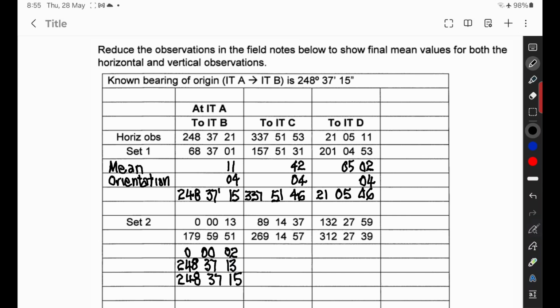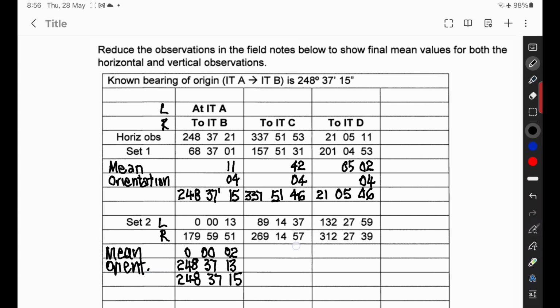Okay. Left face, right face, mean, orientation, and yeah, that'll give us the bearing. Right, so let's move on with that information.